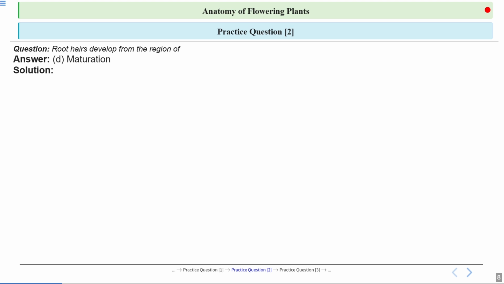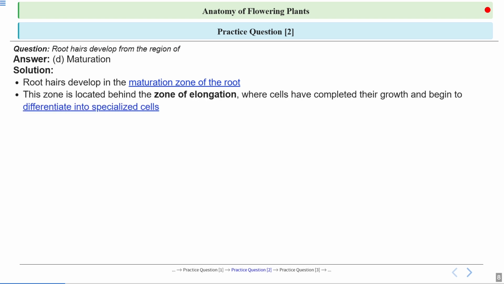Yes, D, maturation zone. In developing roots, the maturation zone has the development of the root hairs. So root hairs develop in the maturation zone of the root. This zone is located above the zone of elongation, where the cells have completed their growth and begin to differentiate into specialized cells.